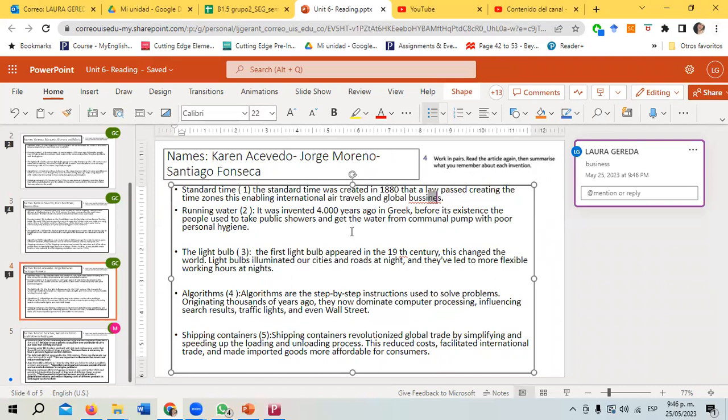The standard time allows the stock exchange to operate. Also, we can use mobile phones for GPS and enabling international air travel and global business. Okay. Continue, Santiago.